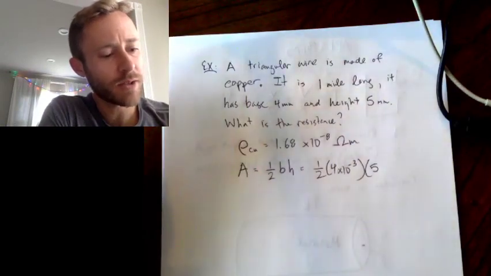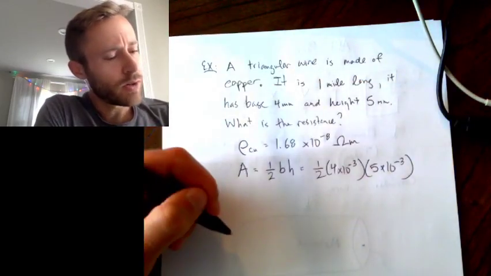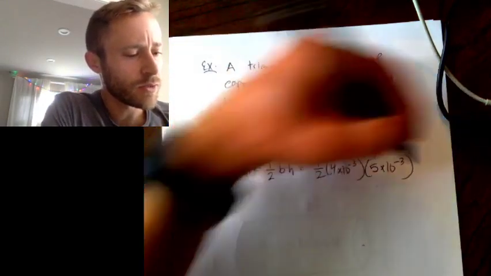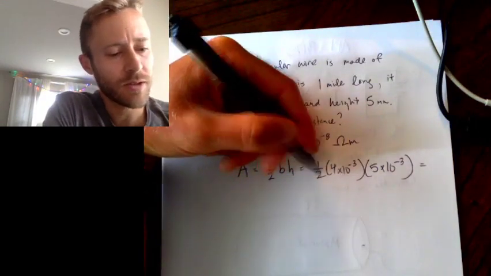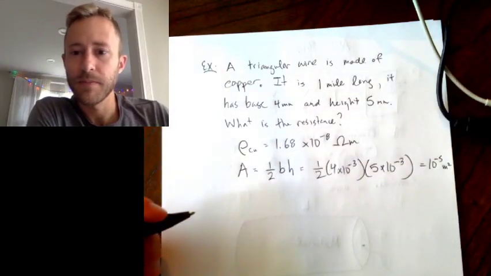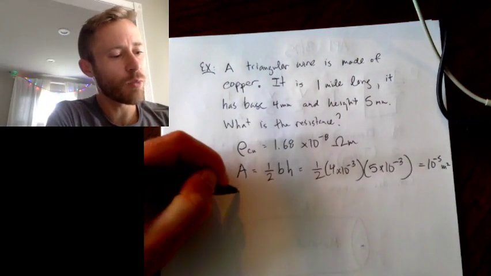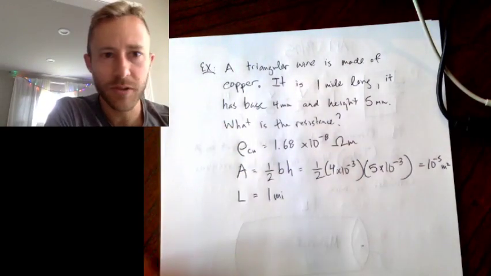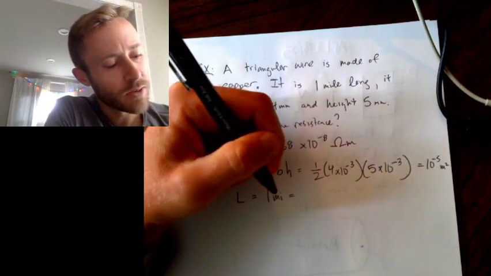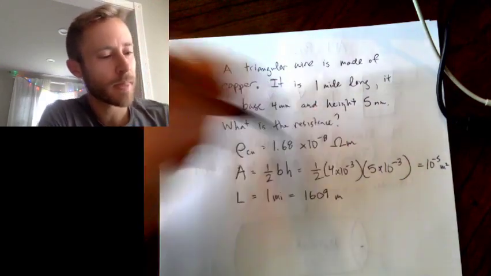Okay, so 5 times 10 to the minus 3 is the height. So this gives us 10 to the minus 5 square meters as the area. And then the length is 1 mile. We better convert that to metric. And I happen to know, since I like to run, that 1 mile is 1,609 meters.